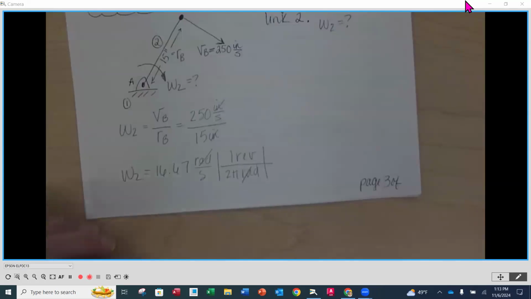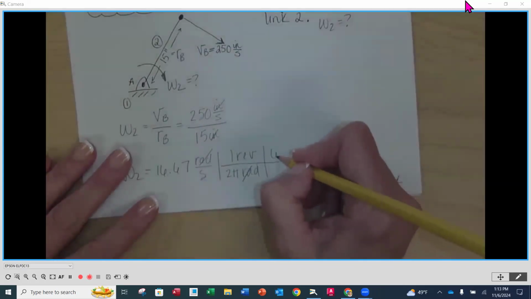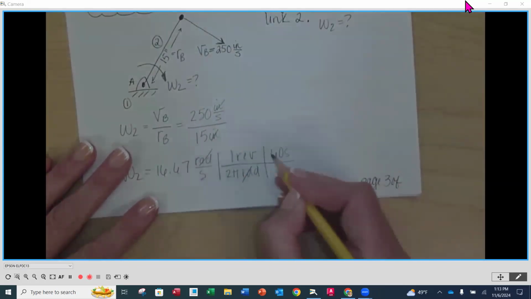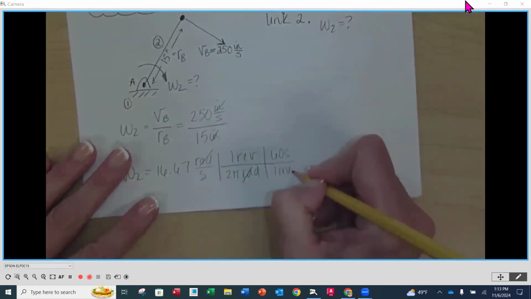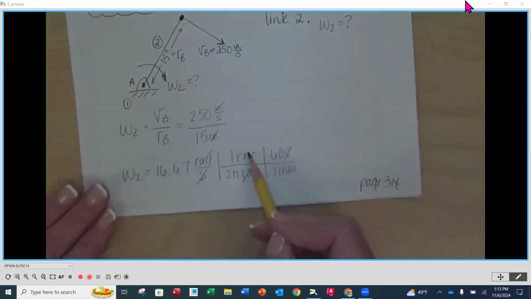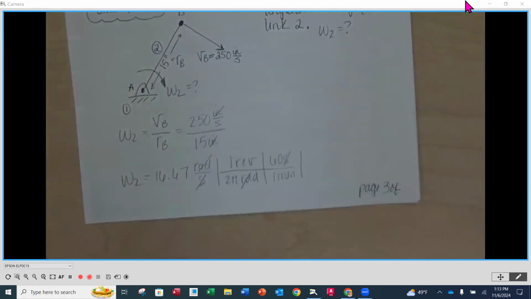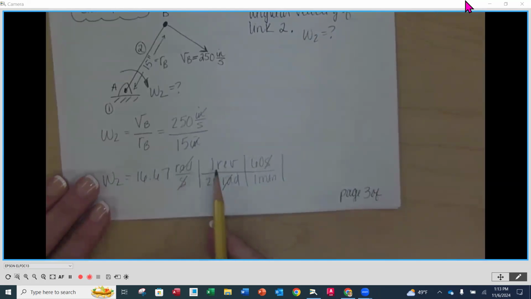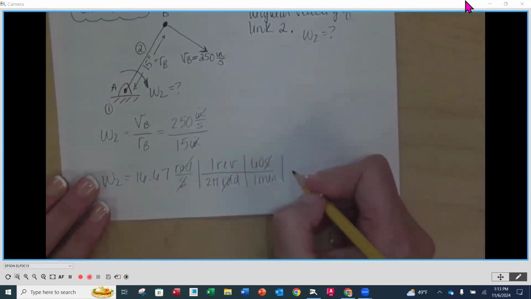I need to get to revolutions per minute. So 60 seconds on top, right? Opposite of what it is in 1 minute. Seconds cancel. My uncanceled out units are revolutions over minutes, or revolutions per minute. So now I'm going to take this number, multiply across the top, divide by the bottom.